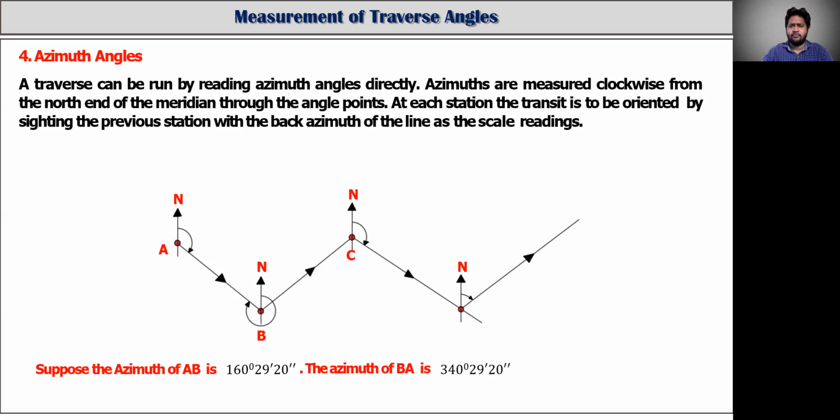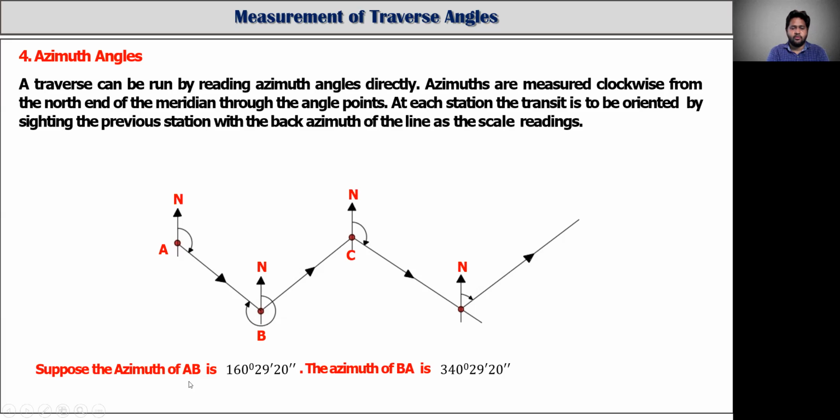At each station, the instrument is to be oriented by sighting the previous station with the back azimuth of the line as the scale reading. So every angle is measured with reference to a meridian in a clockwise direction. Then it is called azimuth angle.